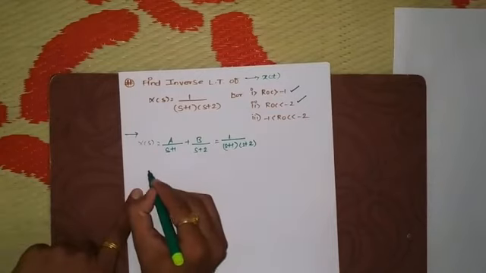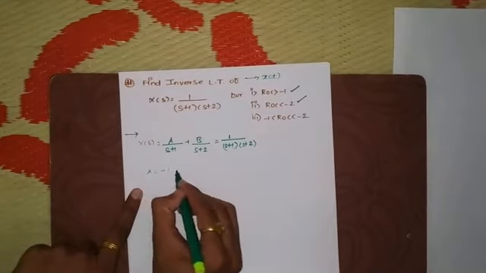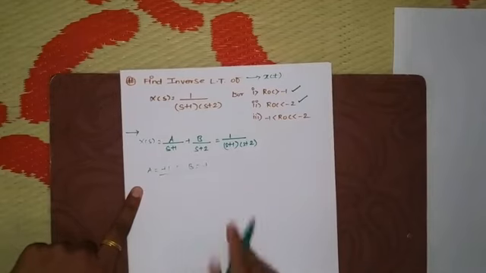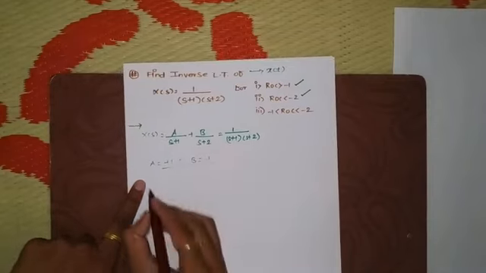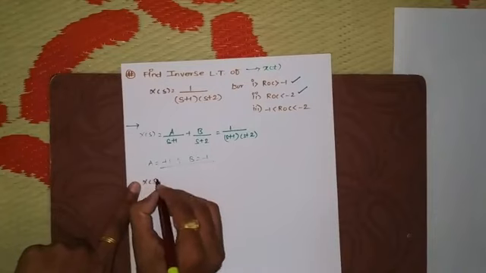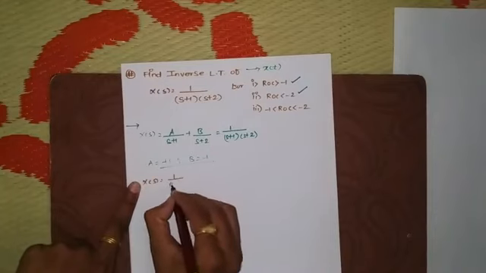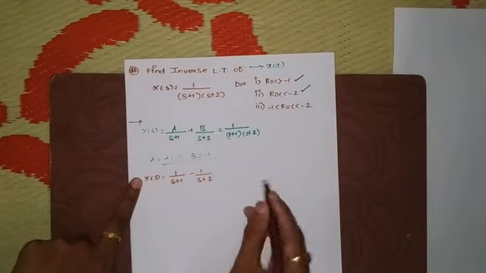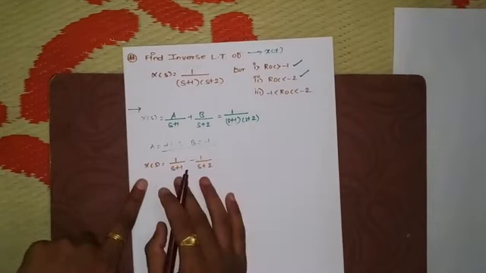The values are A is going to be plus 1, and B is minus 1. Now we'll just put those values. We'll get X of s is equal to 1 by (s plus 1) minus 1 by (s plus 2). Now we got a simplified one.